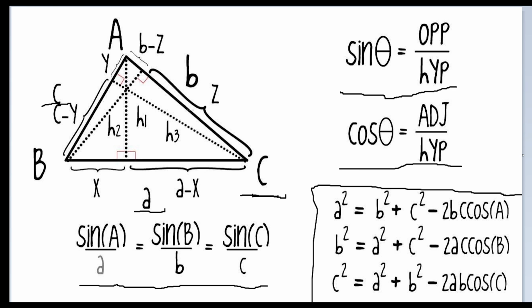That would be the adjacent side, side B, over the hypotenuse, side A. Now, the way this law works is the hypotenuse squared, side A squared, equals side B squared, which is the larger of the two sides but not the hypotenuse, plus side C, the smaller of the two, squared, minus 2 times B times side C, and that's multiplied by cosine of the angle of the side we're looking for, angle A.